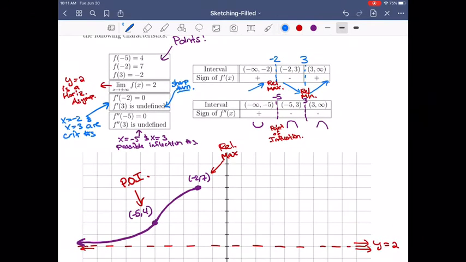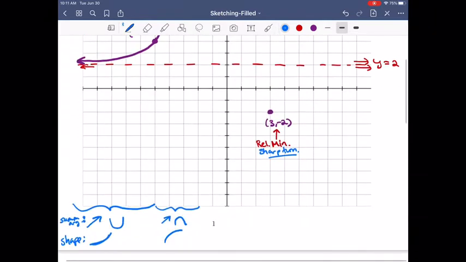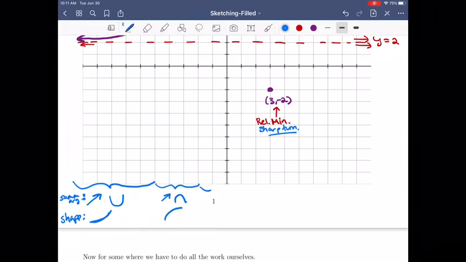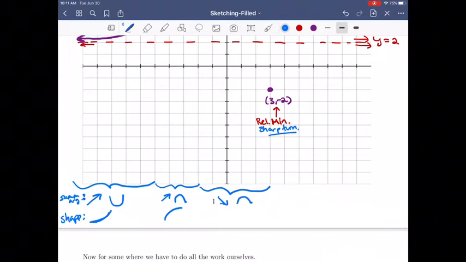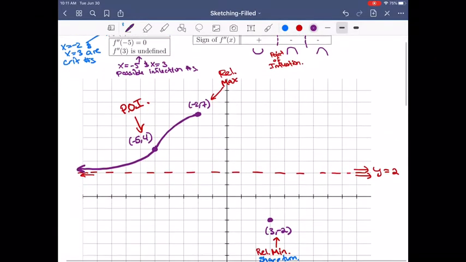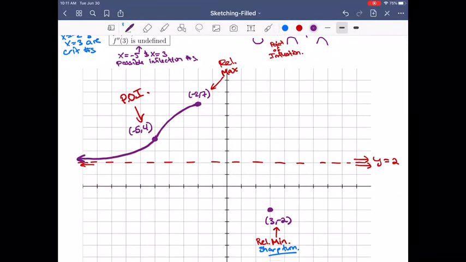Now, the next place we switch is at 3. My next interval is going to be from 2 all the way to 3. So now I'm going to be decreasing on this interval and concave down. So my shape is going to look something like that. When I go up, it's a nice smooth thing up here.